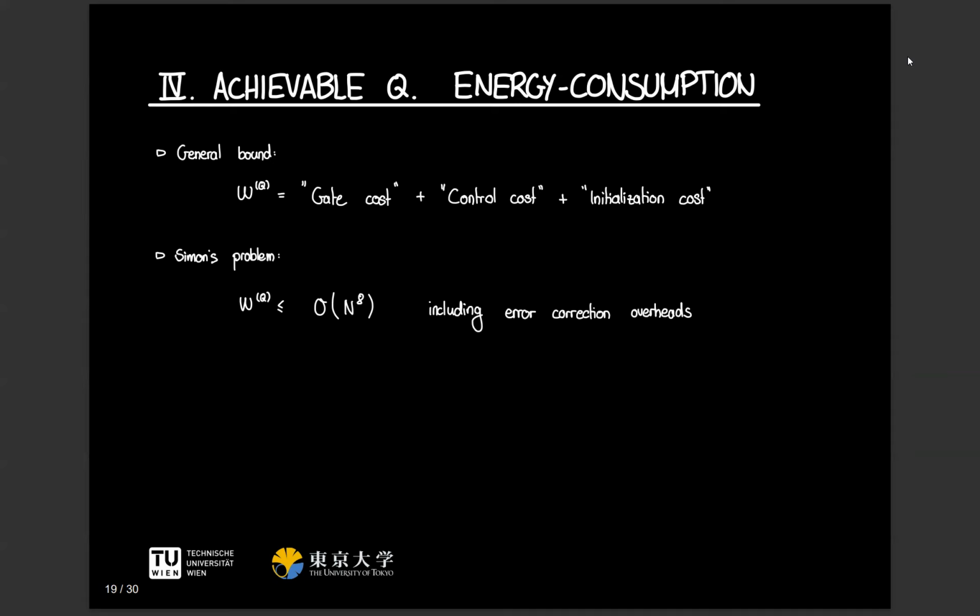And it turns out that the computational advantage for this specific case can be translated with some polynomial overhead to an energetic advantage which is achievable. And the bound we found was n to the power of 8, including all error correction overheads, where n is the number of input qubits.